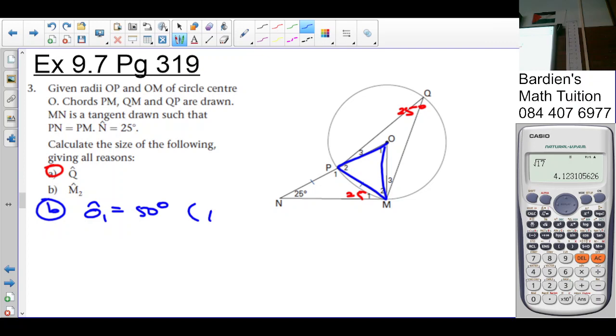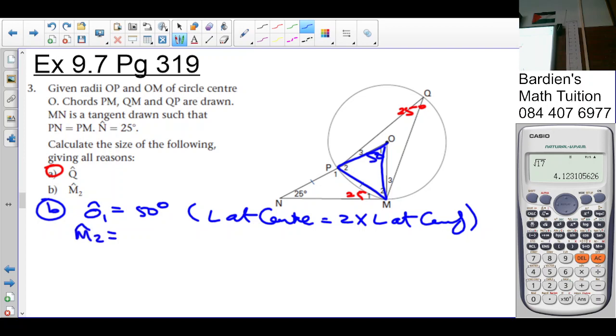Why? Angle at center is equal to 2 times angle at circumference, that's 50. So what can I say now? M2 is equal to P2. Why? Angles opposite equal sides, and it's the fact that it's your radius.